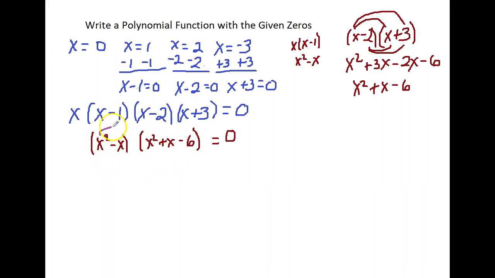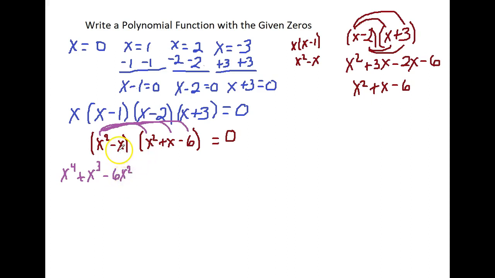So I take my x squared times x squared, and that gives me x to the 4th. Then I take my x squared times the x, and that gives me plus x to the 3rd power, because you got to add the exponents together. Then I take my x squared times my negative 6, and I have negative 6x squared.